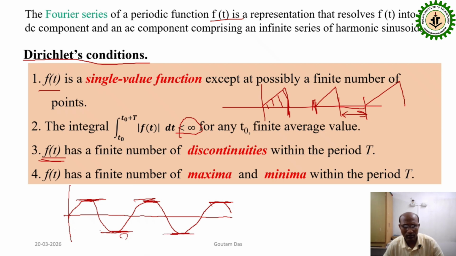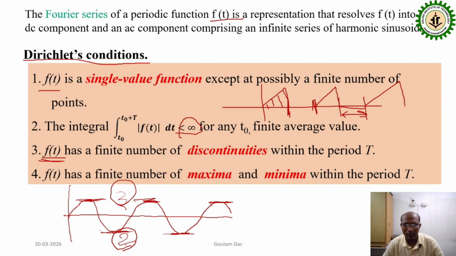So there are 2 minimum values and 3 maximum values. If a function has a finite number of maximum values as well as a finite number of minimum values, and they are countable, then in those cases we can apply the Fourier series.